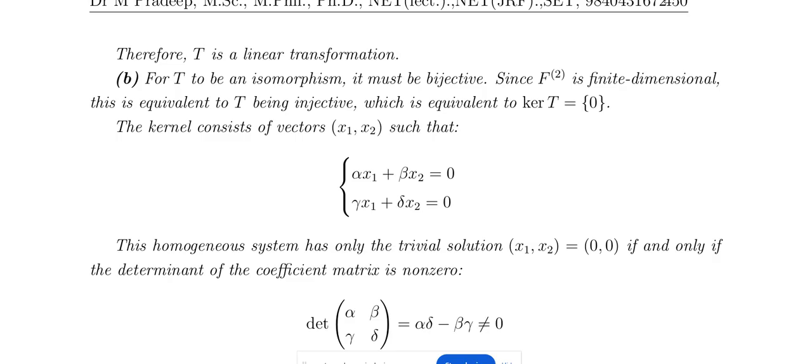This is a homogeneous system, so the determinant should be not equal to zero for the vector to be zero. So if and only if the determinant of the coefficient matrix is non-zero, because this is a homogeneous equation.